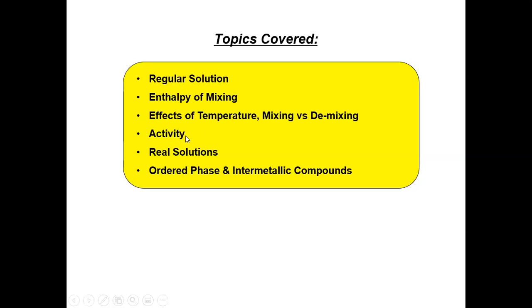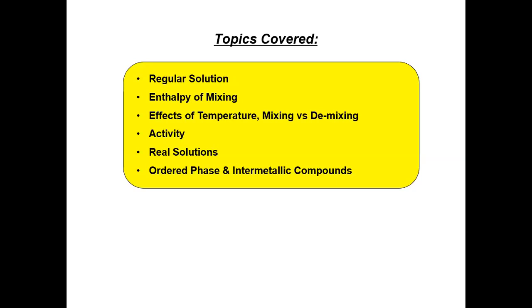Then we're going to introduce activity, which is, again, a fancier version of the chemical potential. And then we're going to talk about what insights we learn here that can be applied to real solutions. Because even though the regular solution is a better model for real solutions, it is not a real solution. There are still some effects that we ignore, so we're going to point out exactly what those effects are.